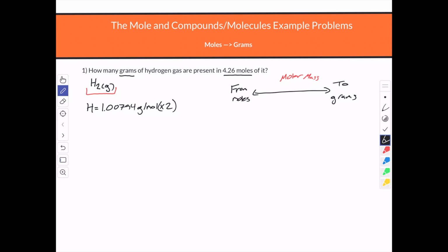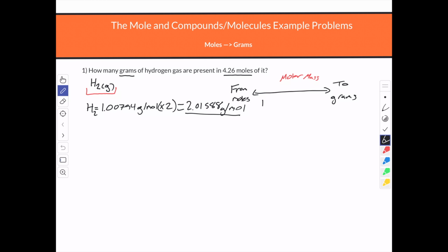So it's 1.00794 times 2. That gives us a molar mass for H2 as 2.01588 grams per mole.